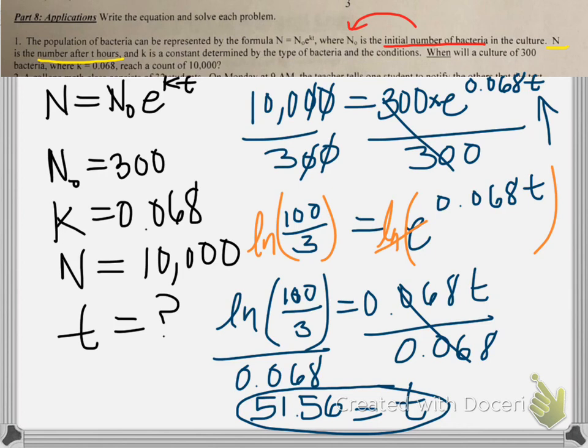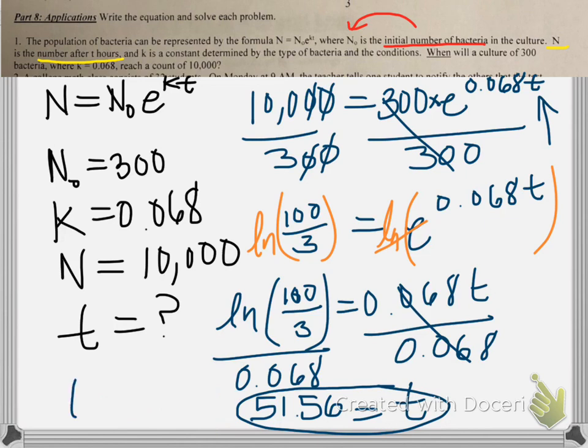All right, so when I plugged it into my calculator, I got 51.56 years. Because we're working with years, we're going to round it to the next whole number, even though they didn't tell us. So what I get is it's approximately 52 years, right? And then I put the units.